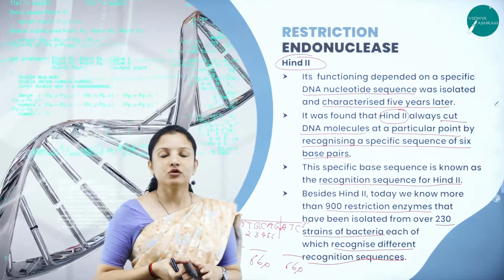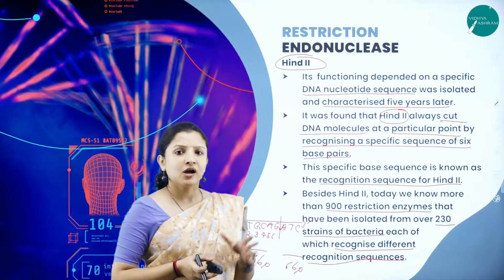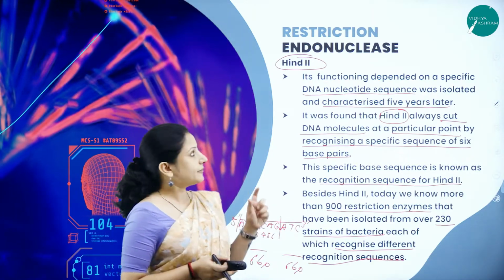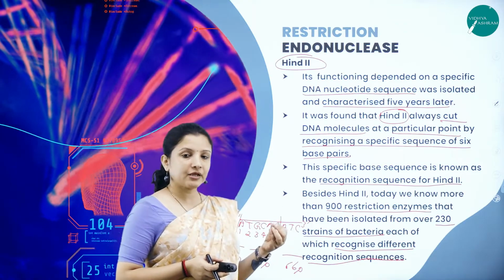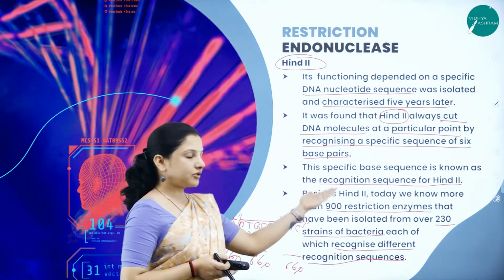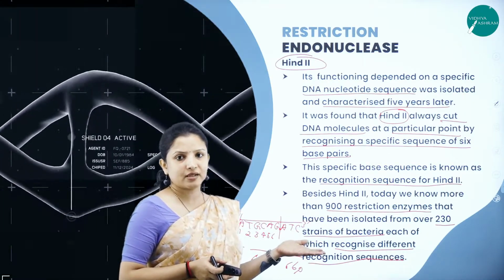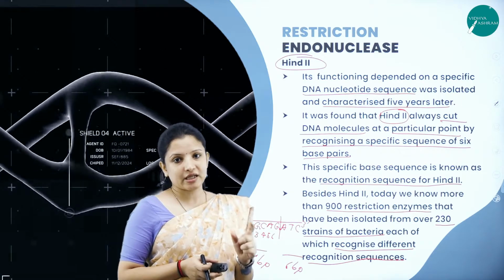Therefore, to cut a DNA strand, it is not enough to just use HindII. HindII was the beginning, to find out how restriction enzymes or restriction endonucleases cut the DNA strand. Later on, 900 restriction enzymes were isolated from around 230 strains of bacteria, and each of these had its specific way of cutting the DNA strand.